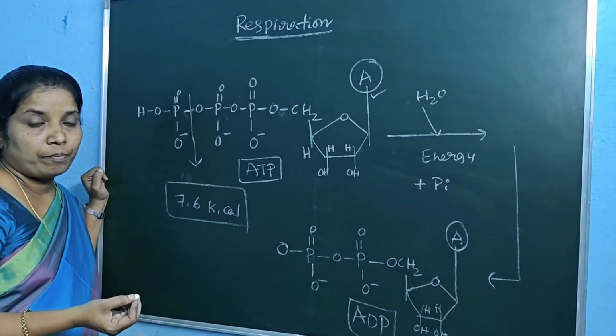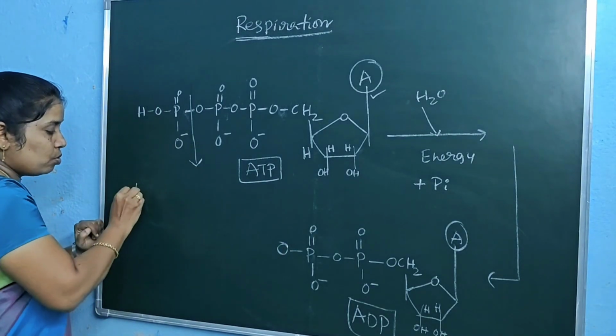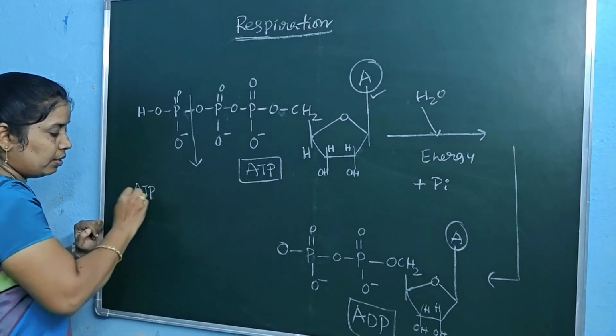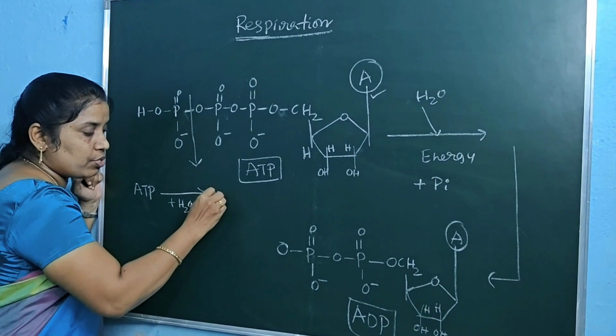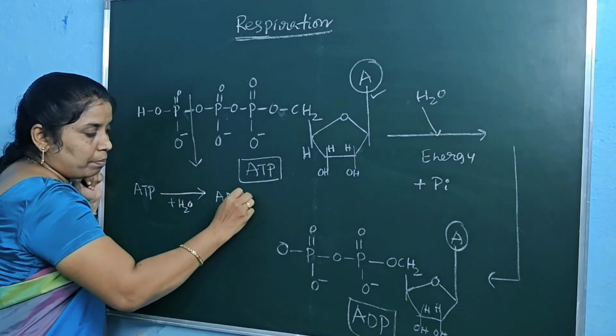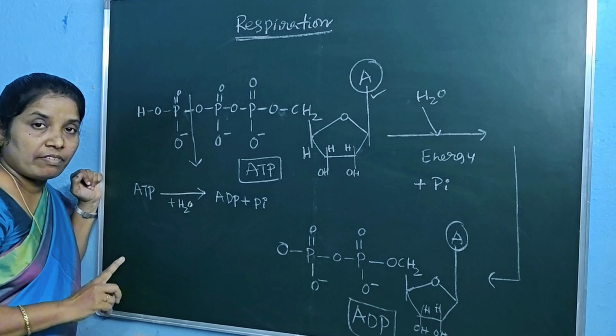Let's see the equation of hydrolysis of ATP. ATP undergoes hydrolysis and converts into ADP plus Pi; one inorganic phosphate is given out.